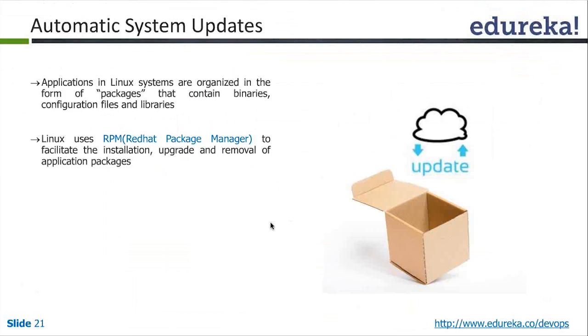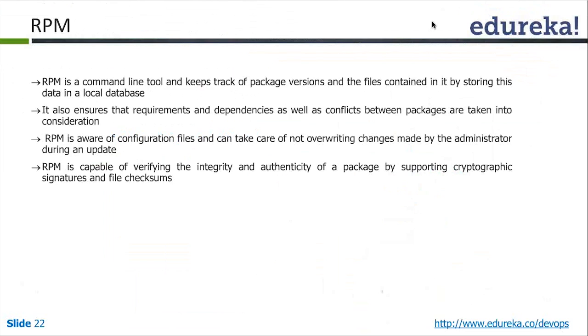The next question arises: how do you create those packages? I think we will be doing one small package for our application, so that it can be distributed like your yum repository. Okay, RPM is a command line tool that keeps track of package versions and the files contained in them. So what is this RPM and why do you want RPM?